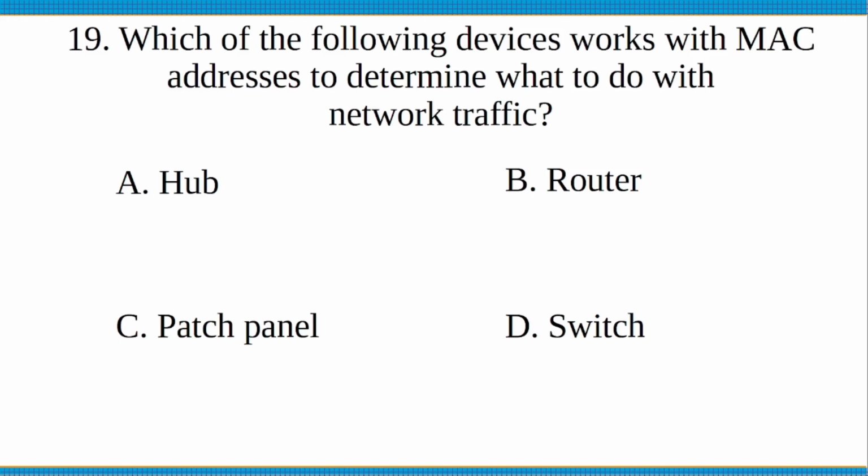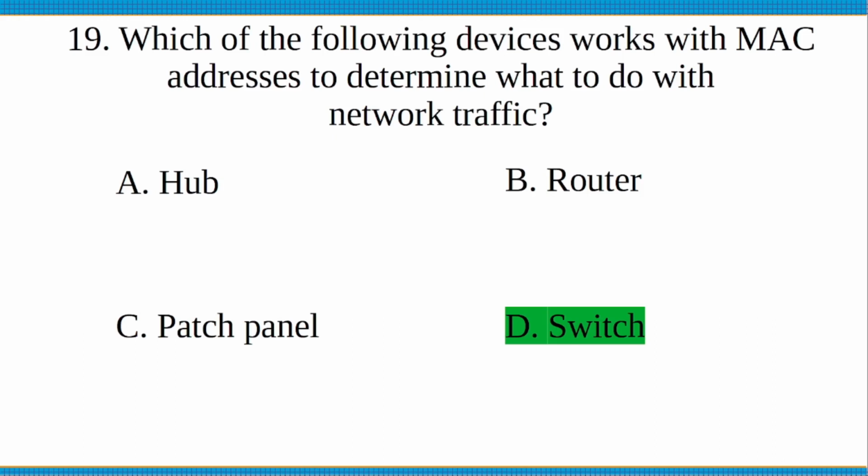Number 19. Which of the following devices works with MAC addresses to determine what to do with network traffic? A. Hub. B. Router. C. Patch panel. D. Switch. D. Switch.